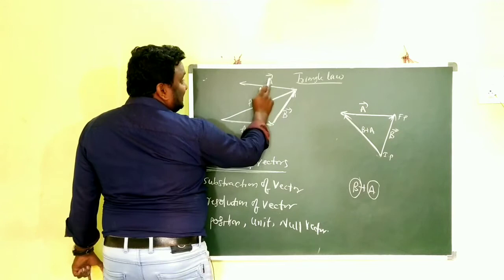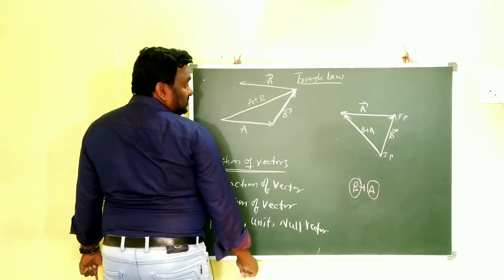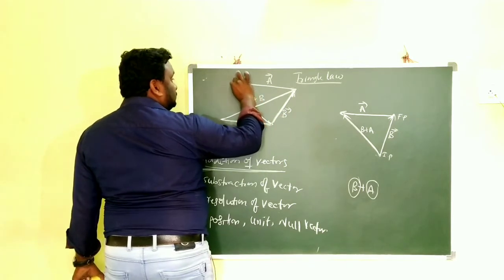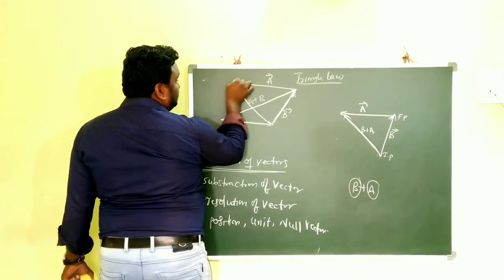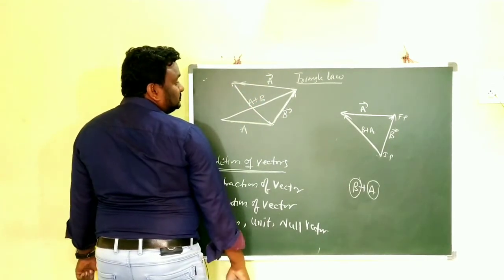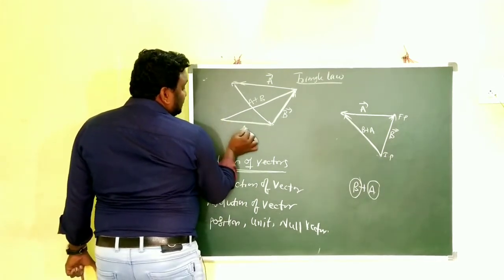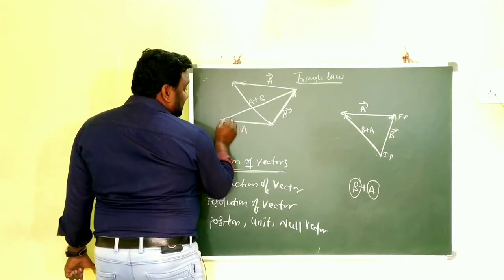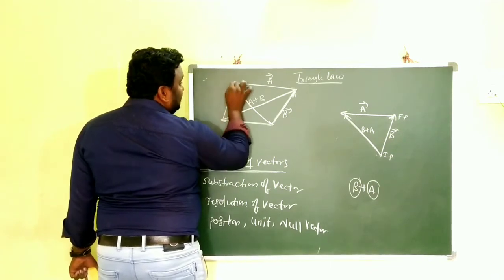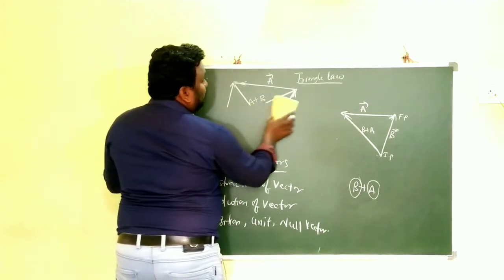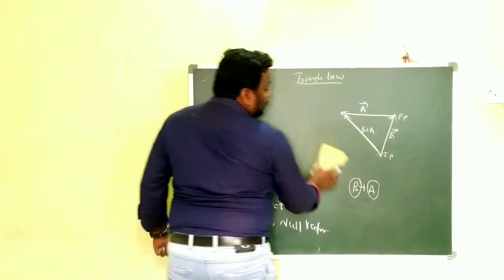This is B and this is A. Clear? So like this. If you take again, this is A, and this is B. These two must be the same. Okay, children? Don't go very deeply.